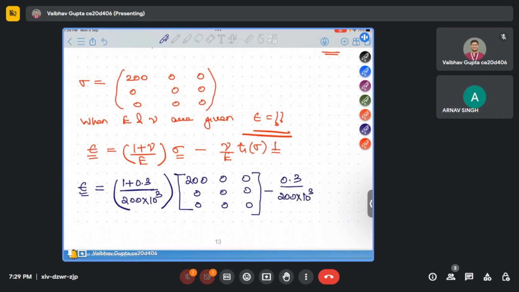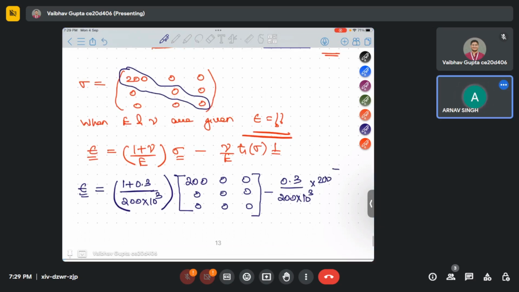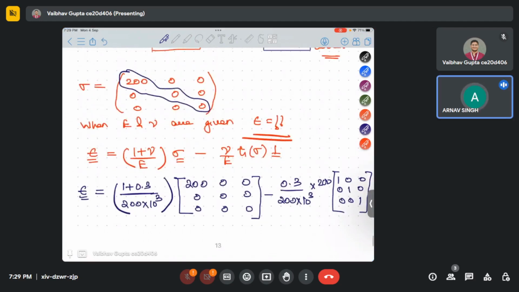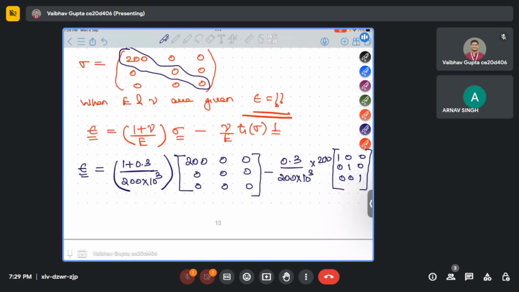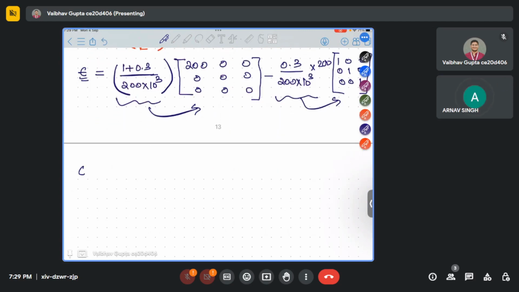Trace of sigma is nothing but the addition of diagonal elements, into 200. Identity matrix is 1, 0, 0, 0, 1, 0, 0, 0, 1. Got it up to now? Yes, sir. We just multiply this value inside this matrix and this value inside this matrix.